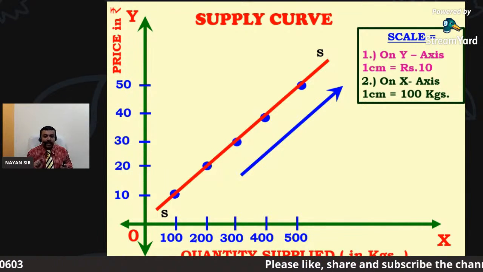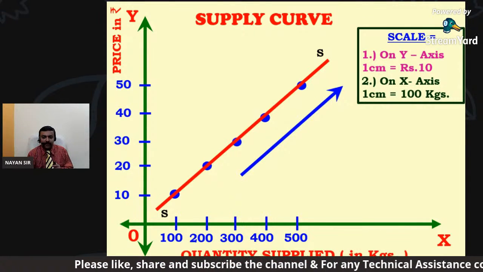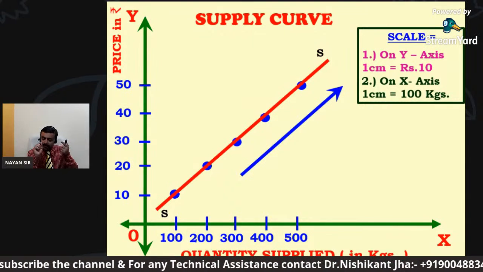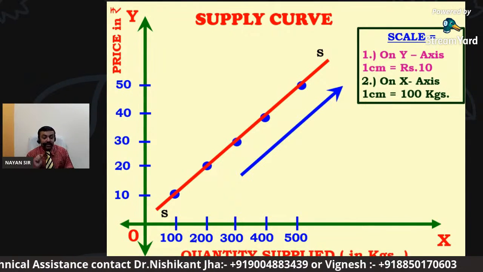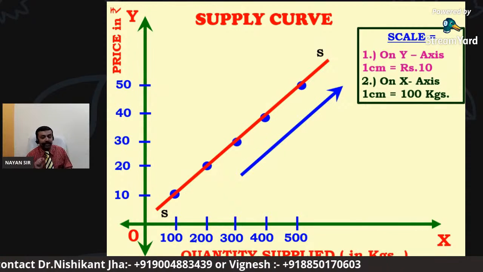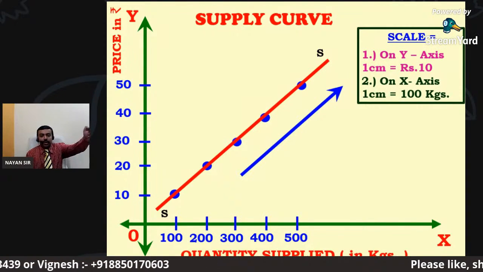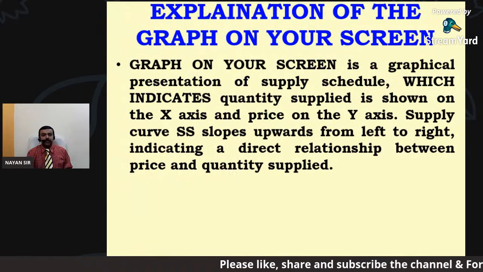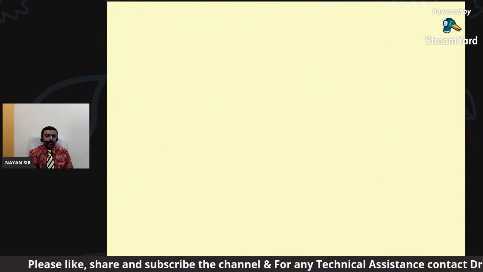SS is the supply curve or supply graph, which slopes upward from left to right. This statement is very important, as I tell you: this indicates a direct relationship between price and quantity supplied. Now, other things remaining constant, that is the assumption; otherwise there are exceptions to the law. So let us see the exceptions to the law, friends.